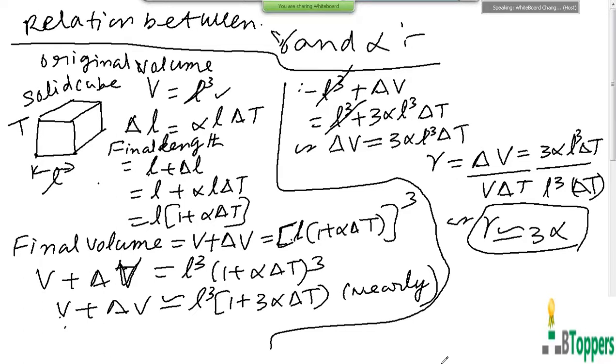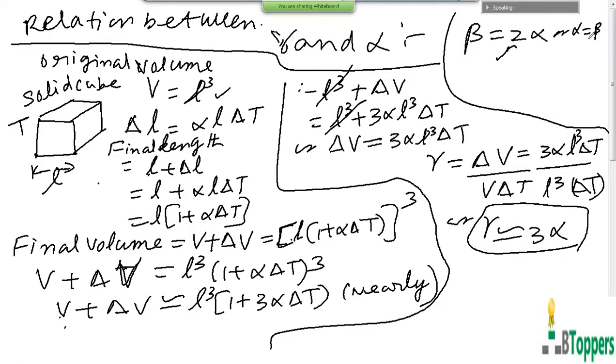Sometimes this can be written in different ways. And finally, we have derived both the relations. Beta is nearly equal to 2 alpha and gamma is nearly equal to 3 alpha. From the same equation, we can write alpha equal to beta by 2. From this equation, gamma equal to 3 alpha, alpha can be nearly written as gamma by 3.